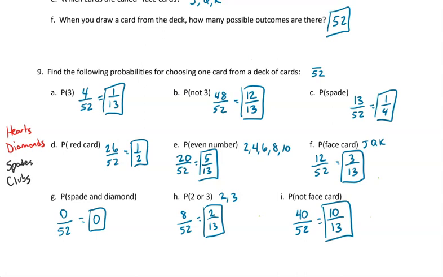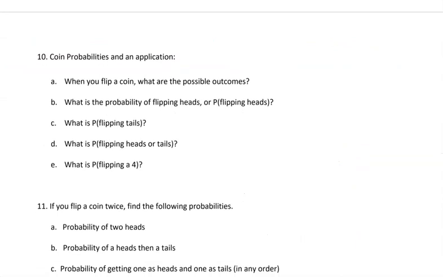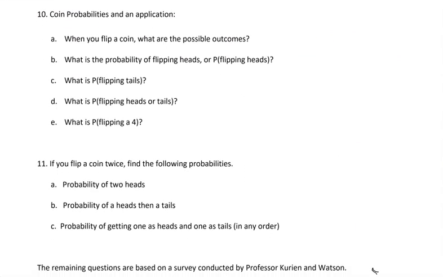All right, moving on from cards now. Next up is going to be coin probabilities. Starting off, we are just going to be flipping one coin. Remember, for one coin, we can either get heads or tails.